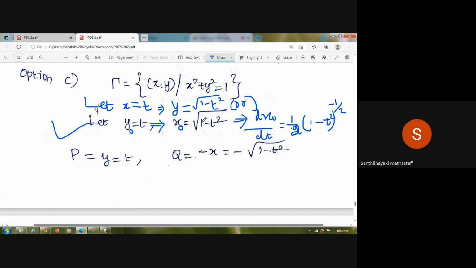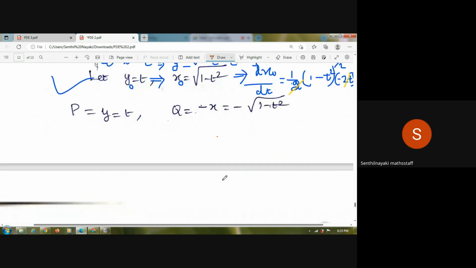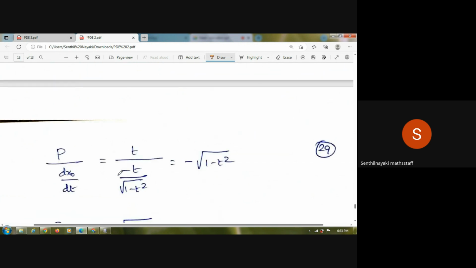Then this 1, if you differentiate 1 we get 0, and minus t square, if you differentiate minus t square then we get minus 2t. So here 2 get cancelled, then the remaining term is minus t by square root of 1 minus t square. So dx naught by dt is minus t by square root of 1 minus t square.